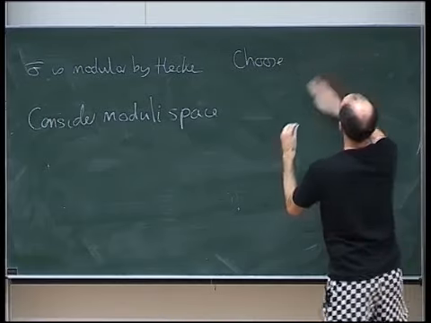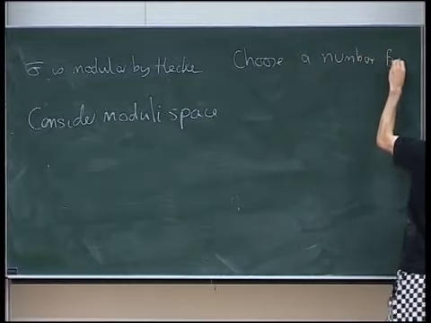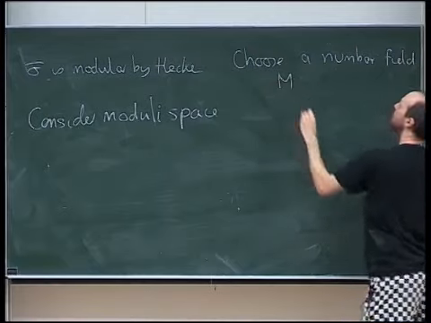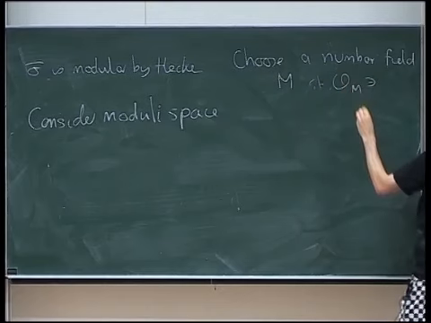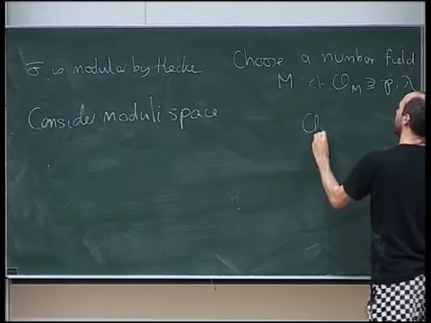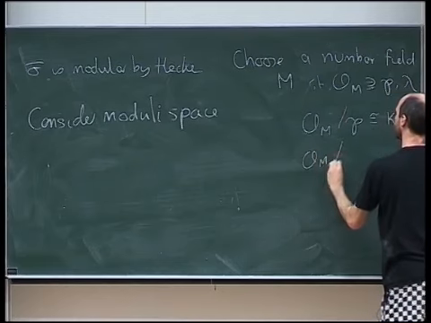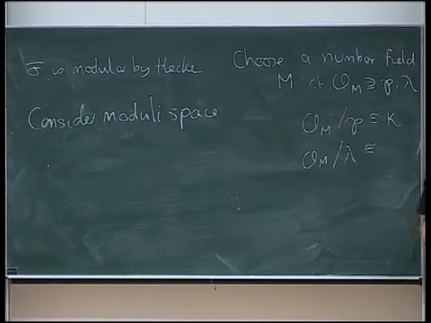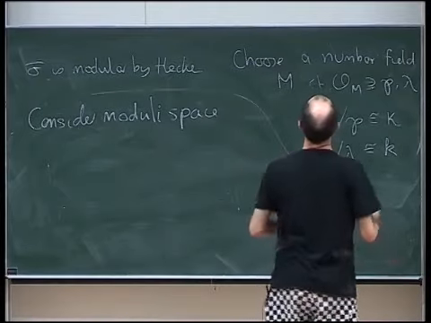Choose a big number field M, such that O_M contains some primes p and lambda, such that O_M modulo p is isomorphic to kappa, and O_M modulo lambda is isomorphic to k. Those are our two finite fields. So now we consider the moduli space. Oh, M had better be totally real.